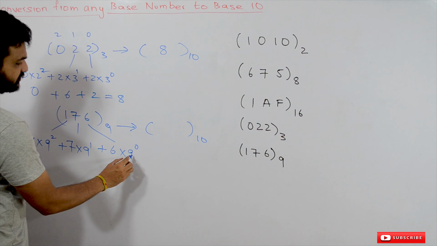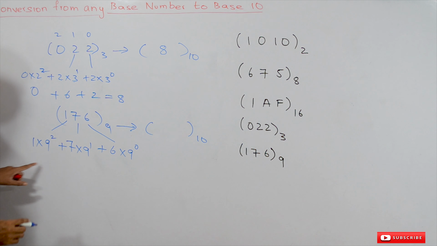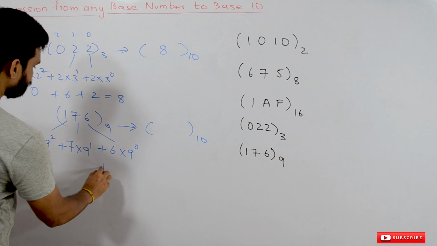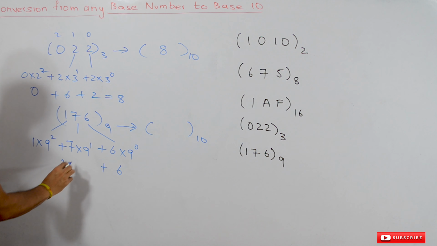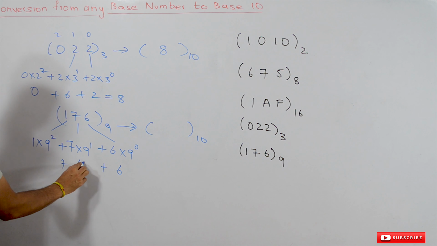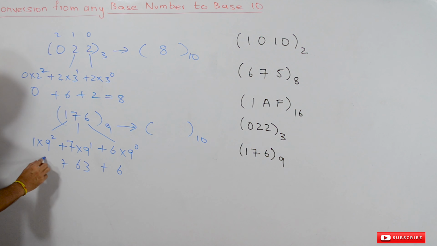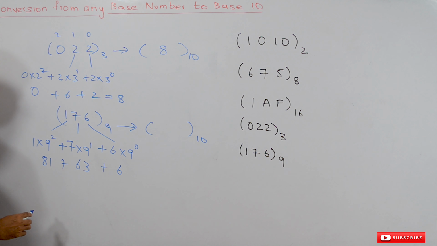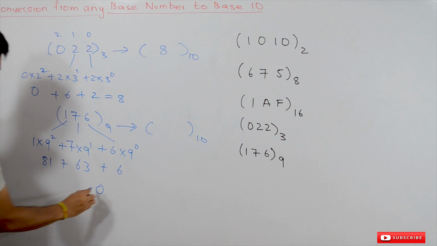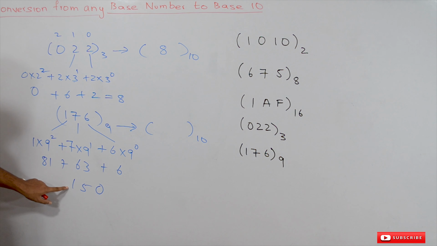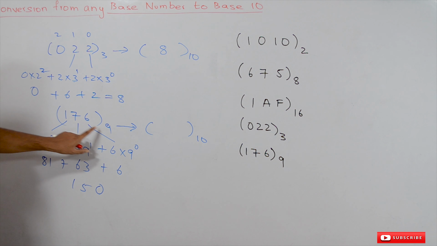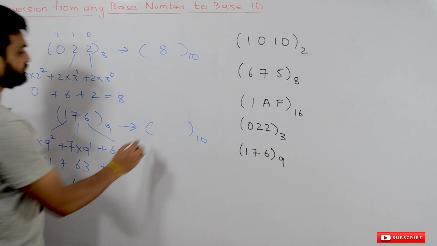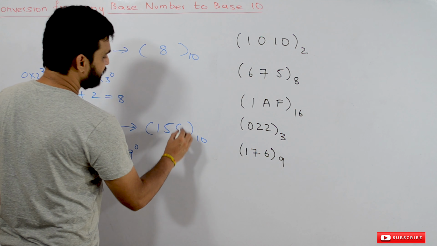So what is this value? 6 into 1 is 6, 7 into 9 is 63, 9 square is 81, and 81 into 1 is 81. So the sum of all these numbers is 150. So 150 is the decimal equivalent of 176 in base 9.